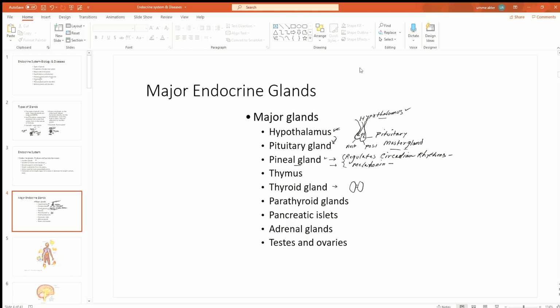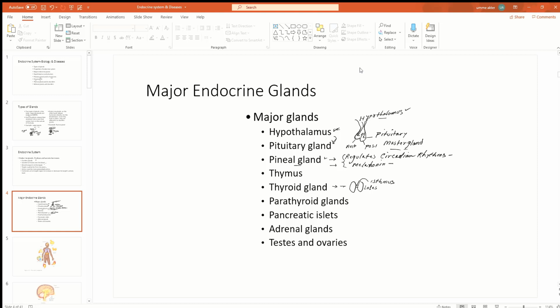So this is thyroid gland, has two lobes and connected by that structure that is called isthmus. Okay.